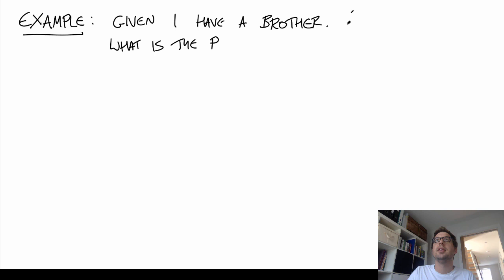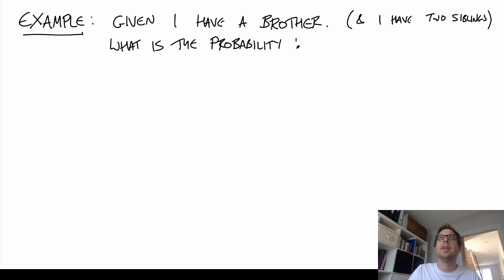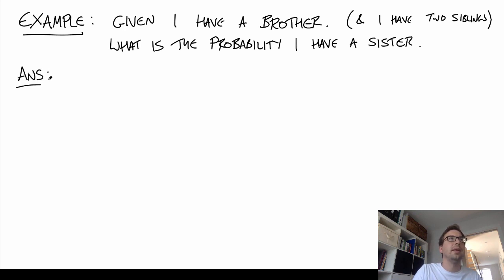So given I have a brother, what is the probability that I have a sister? You can think about that for a second.